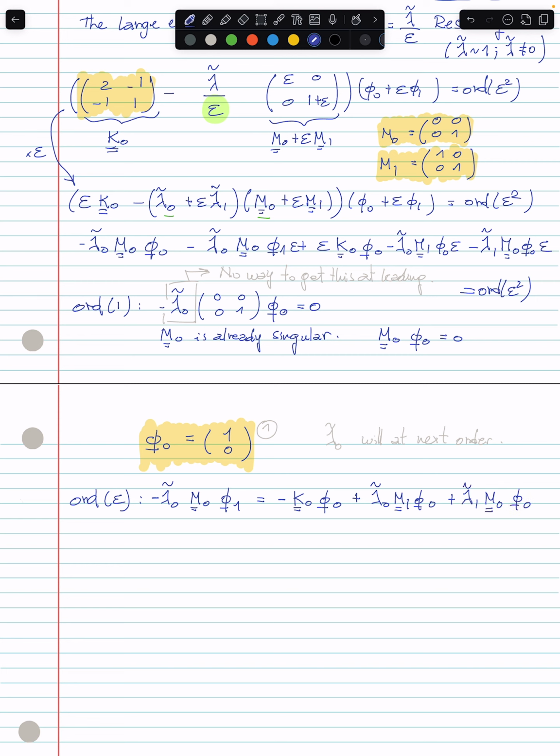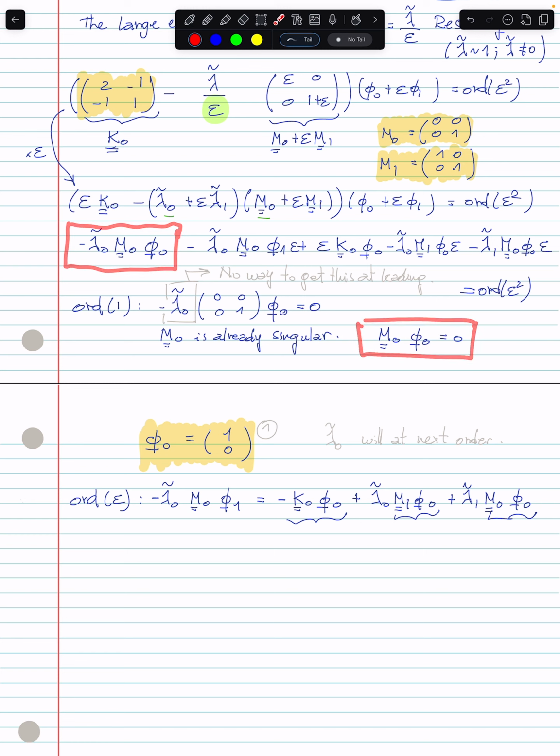All right, so now there are a few things we need to compute. First thing we do observe is that at leading order, what we had solved is m0 phi 0 is equal to 0.